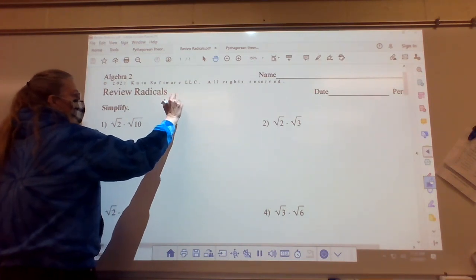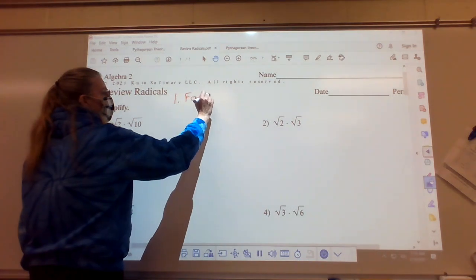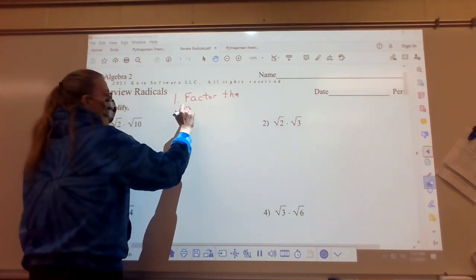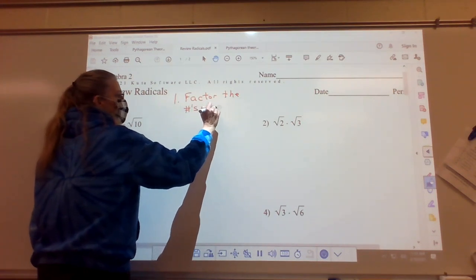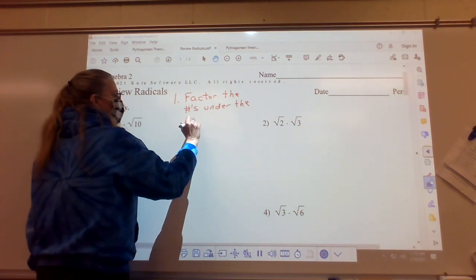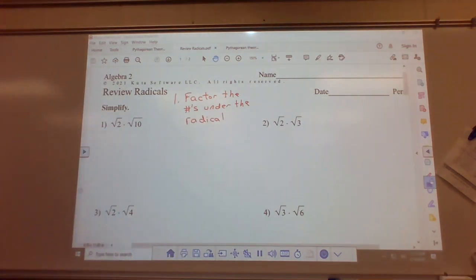Step number 1, factor the numbers under the radical. And when I say factor the numbers, that means I want to know what numbers multiplied to give me that number. That's what I mean by factor.